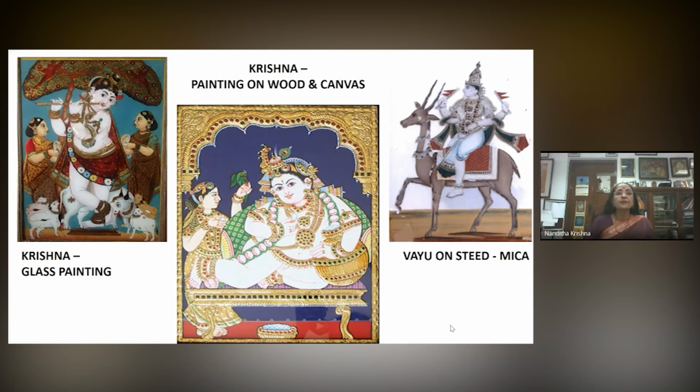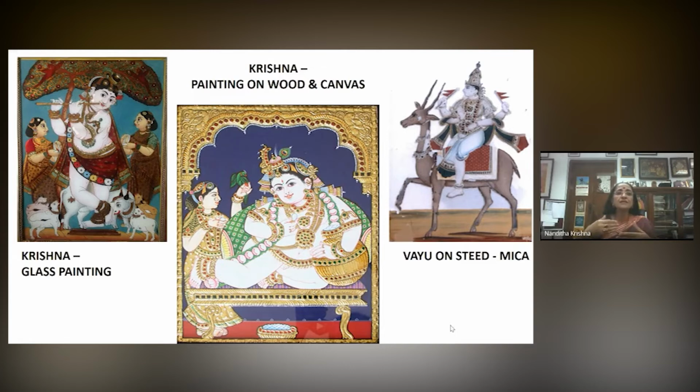and so on. Now, on the left is a Krishna on glass painting. Now, in the court of the Marathas, there were about 40 Chinese artists, and they brought in this Chinese style of glass painting, which is really sort of a reverse kind of painting, where the last part is done first, that is the eyes and the eyebrows and the decoration.